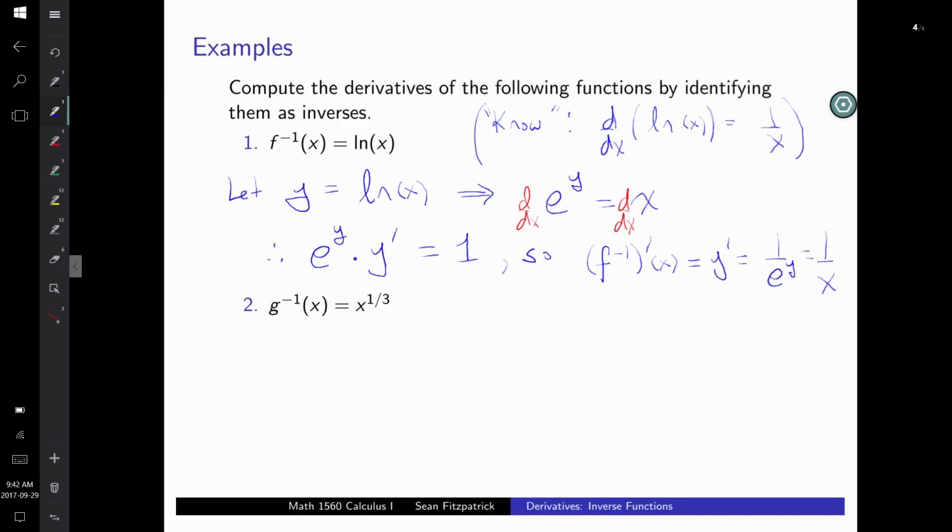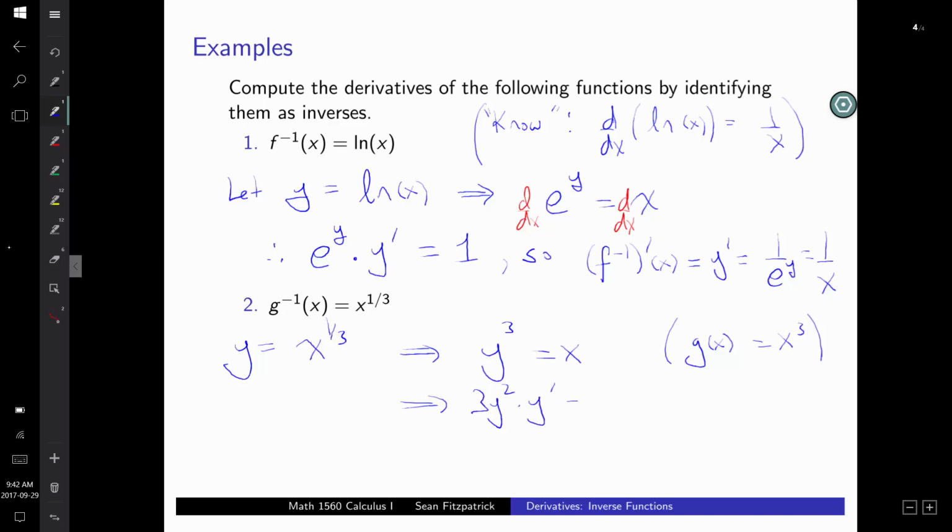What about for the cube root function? We can do the same sort of thing. If y equals x to the 1/3, I cube both sides. Y cubed equals x. So notice my g of x here is x cubed. That's the inverse. And I take the derivative of both sides with respect to x, so I get 3y squared times y prime, and that's going to be equal to 1.